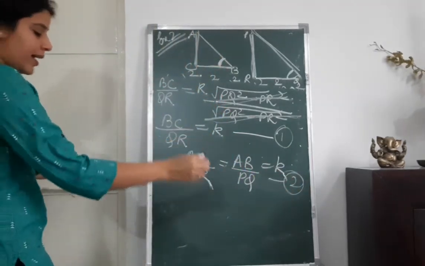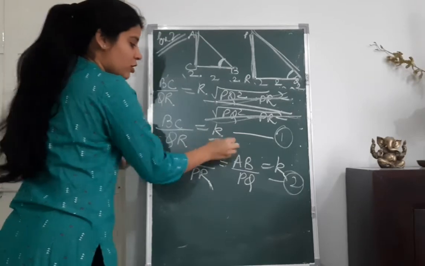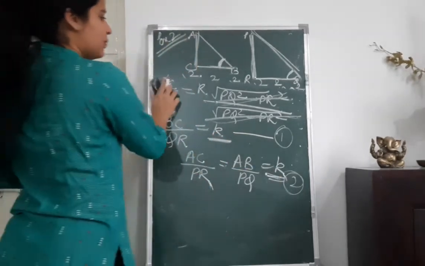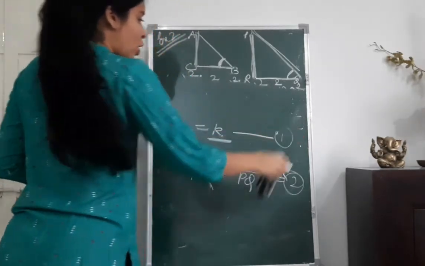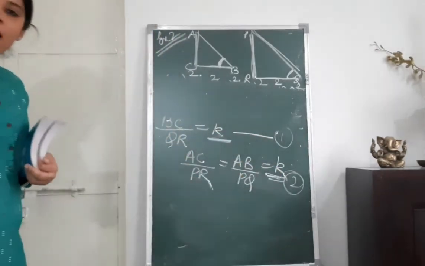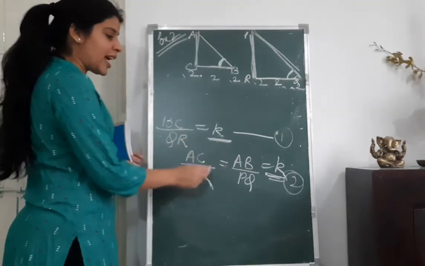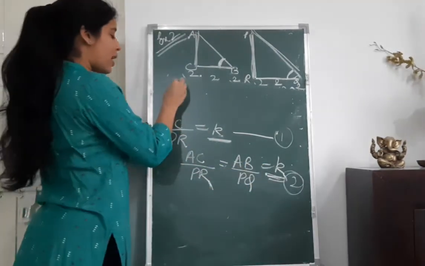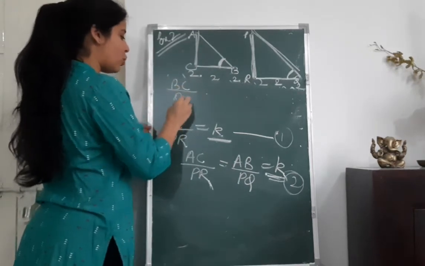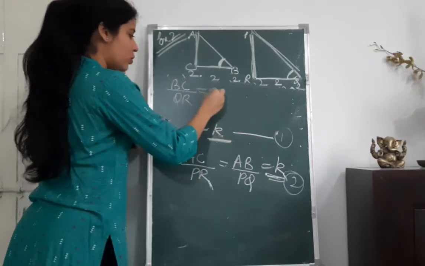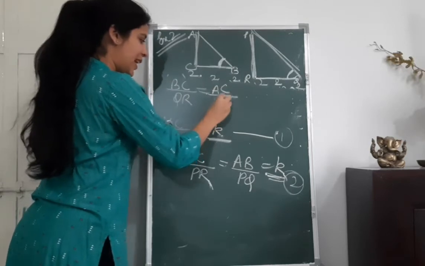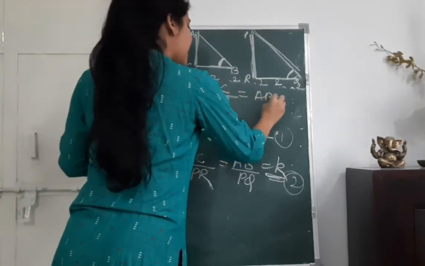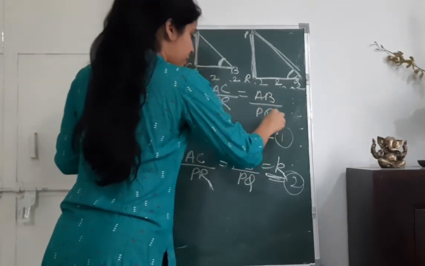Using 1 and 2, as this is also equal to K and this is also equal to K, can I say all these three will be equal to one another? Because this is also equal to K and this is also equal to K. I can say all these three will be equal to one another. So I can say BC upon QR is equal to AC upon PR, which is equal to AB upon PQ.